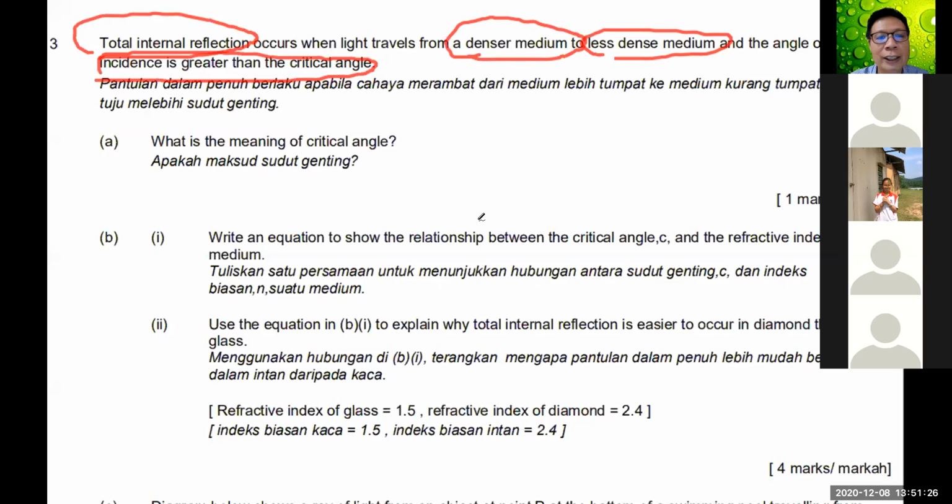For example, from water going out to the air, or from glass going out to the air, denser to less dense. And the angle of incidence must be greater than the critical angle. You see, first question I asked for the definition. What is critical angle? That's the pattern of the question.